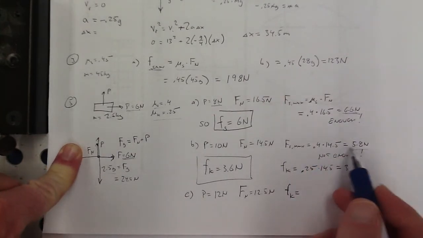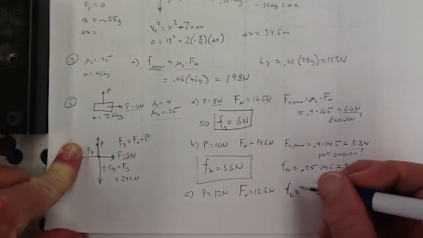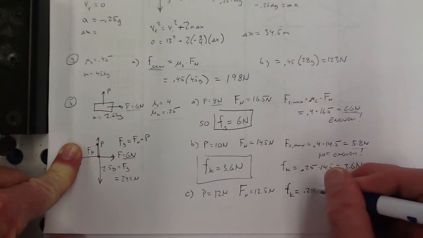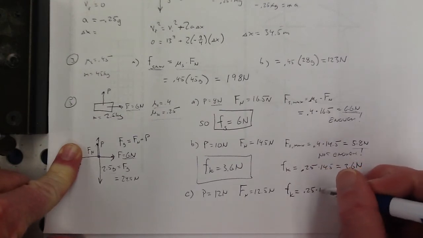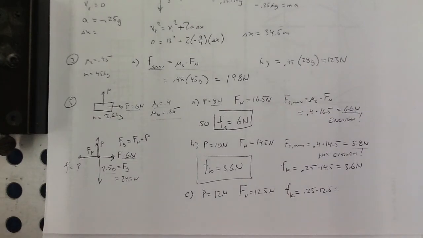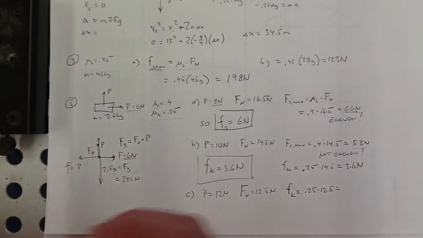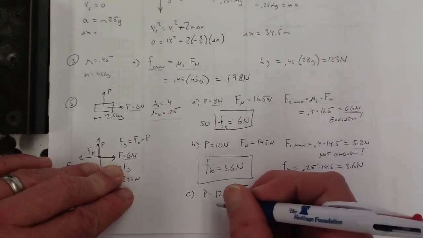We already didn't have enough when it was only pulling up with a force of 10 newtons. So the kinetic friction will be 0.25 times the normal force. So that's 3.25.